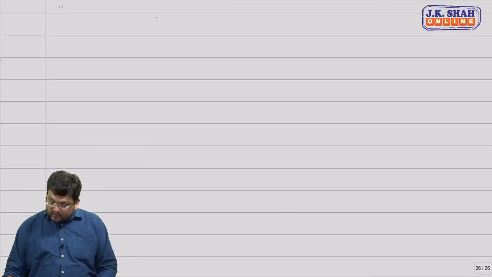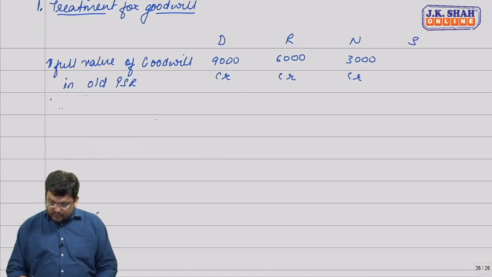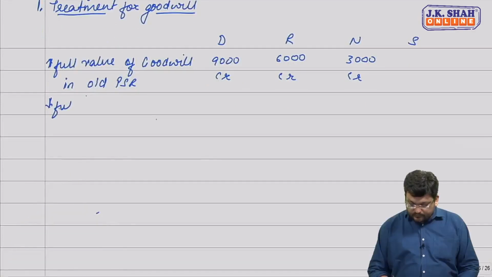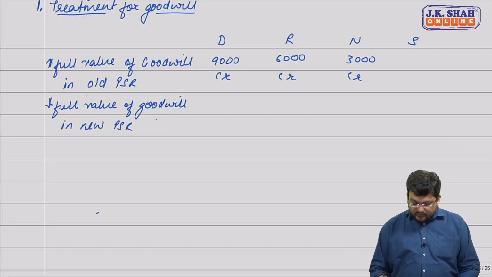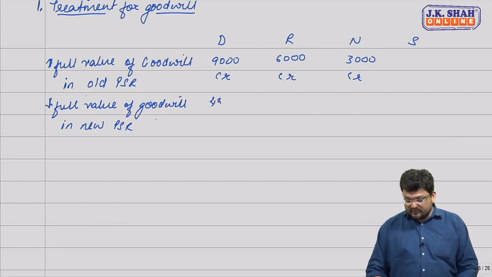And will then write off full value of goodwill in their new ratio. Raise full value in old ratio, write it off in new ratio. So it will be 4,500 for Dinesh. New ratio is equal.